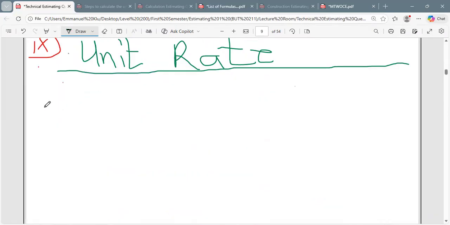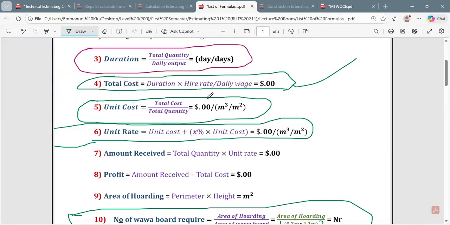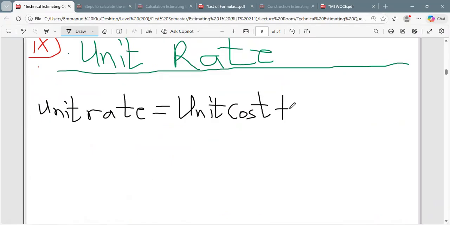So our unit rate is equal to the unit cost, plus, bracket open, X% times the unit cost itself again, and then I can close the bracket.